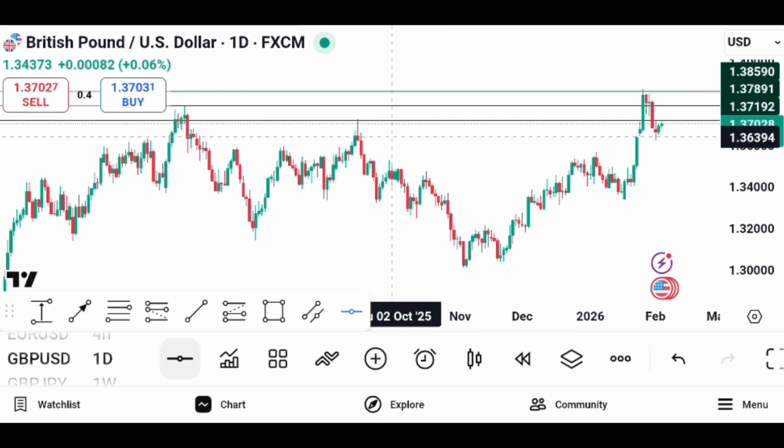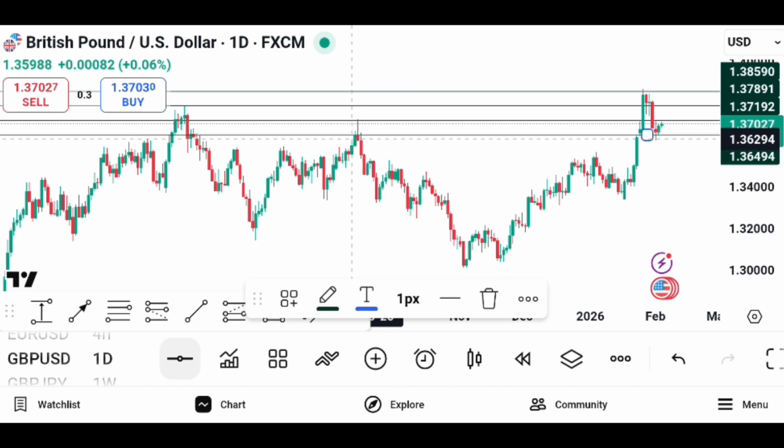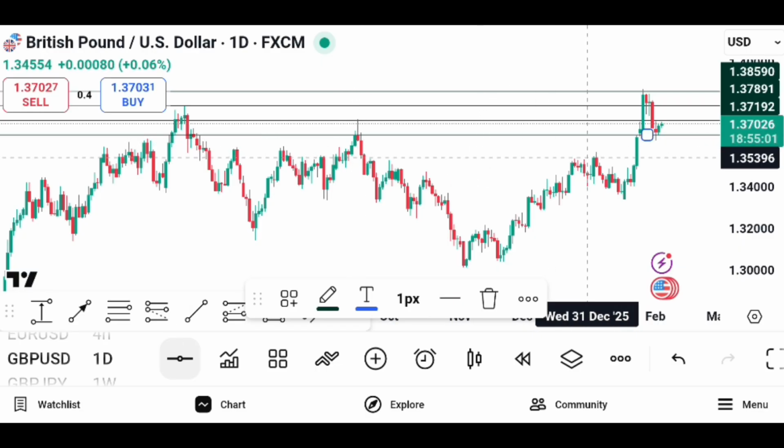Now, sometimes I use the closing prices of the market where we have the beginning of the bodies or the ending of the bodies of the candle, okay? Then I can mark out this also.